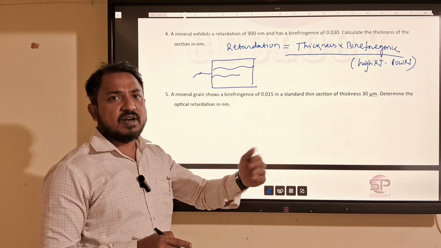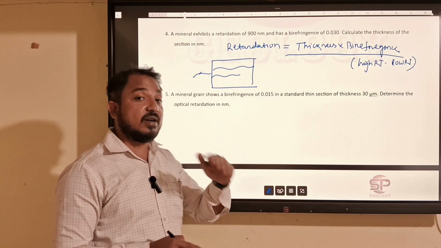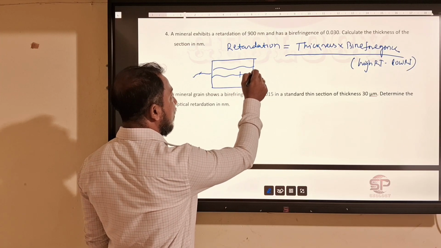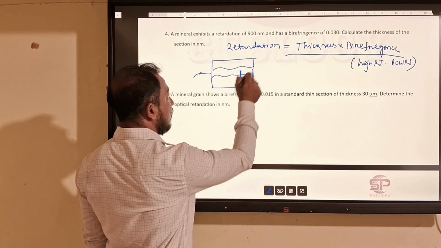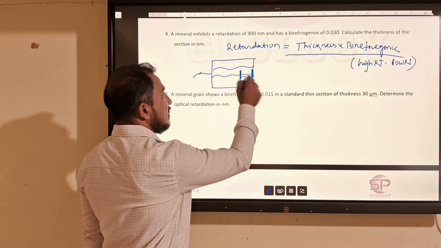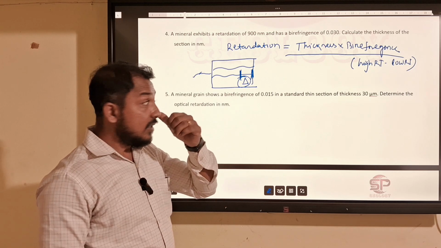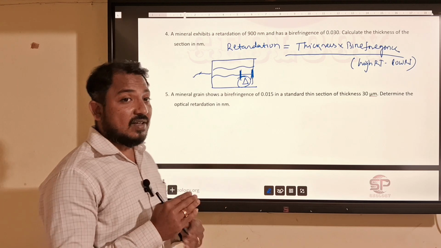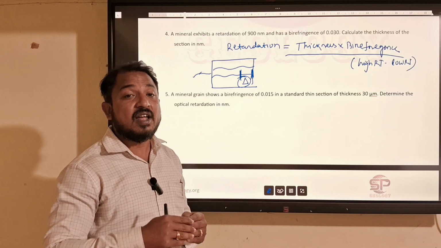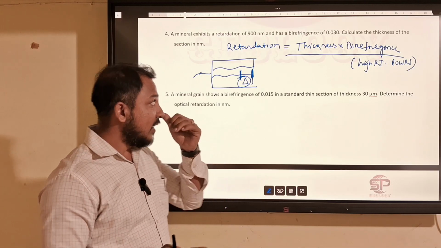The faster ray travels at a greater speed, the slower ray at a slower speed. So the slower ray always lags behind the faster ray. This is called retardation, which is symbolized delta. Retardation is how much distance the slow ray lags behind the fast ray, or you can say the fast ray advances from the slow ray.